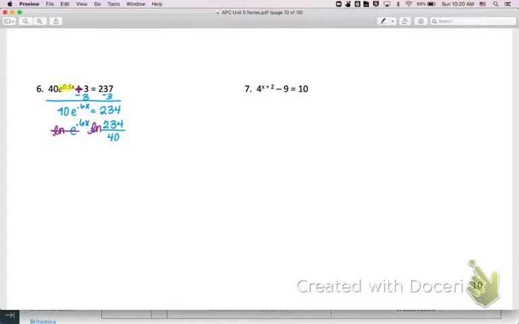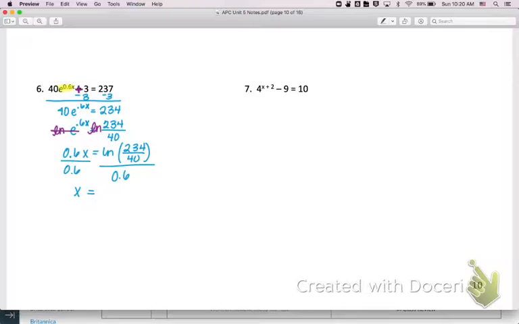These are going to undo each other, and we're just left with 0.6x equals the natural log of 234 over 40. Okay, now we're also not done in this case because we still haven't solved for x. The last step here is going to be to divide by 0.6. So you see all the different places we would have had to round. This is why we're waiting until the very end.